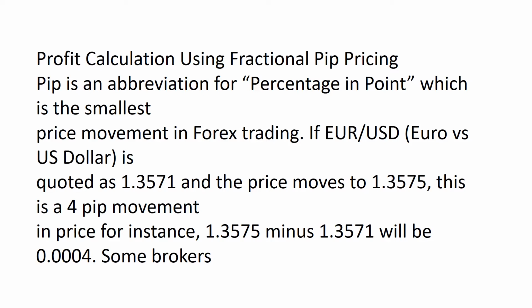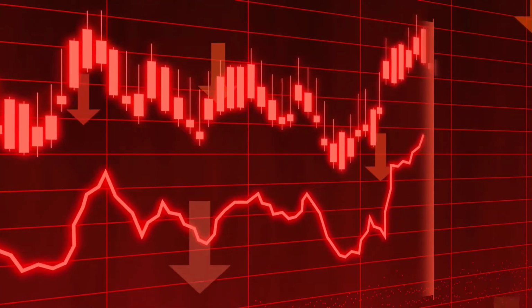If Euro/USD is quoted as 1.3571 and the price moves to 1.3575, this is a 4 pip movement in price. For instance, 1.3575 minus 1.3571 will be 0.0004.